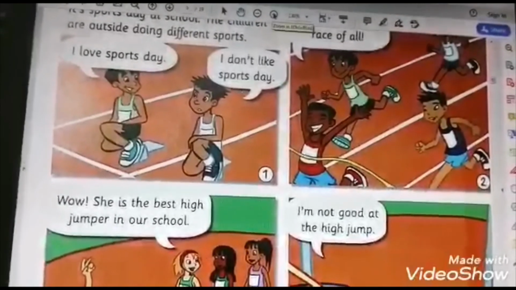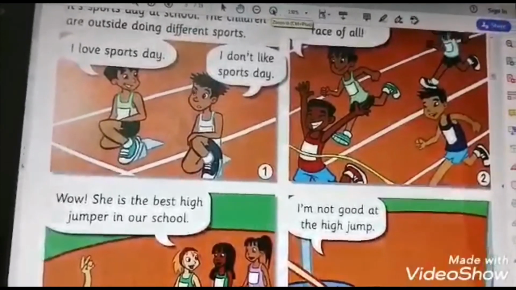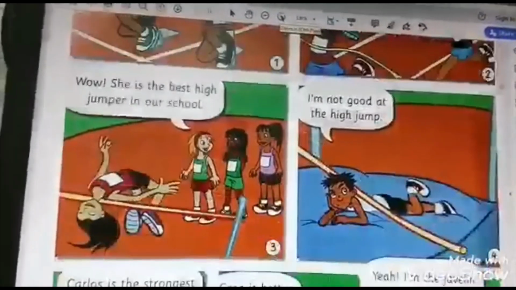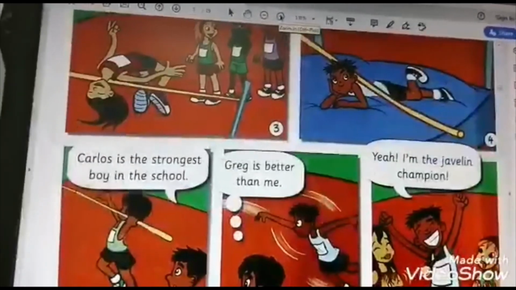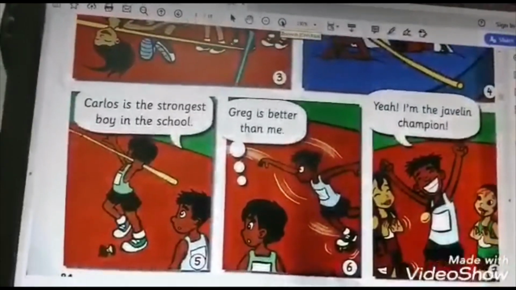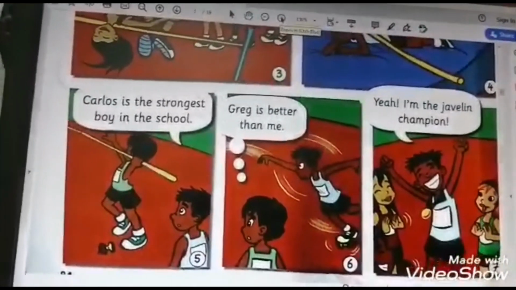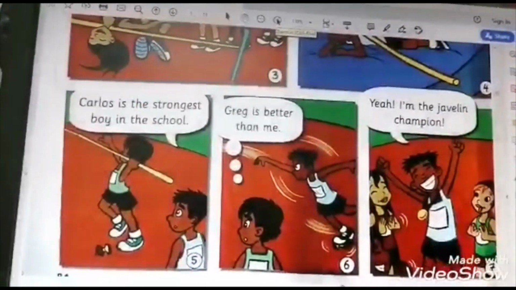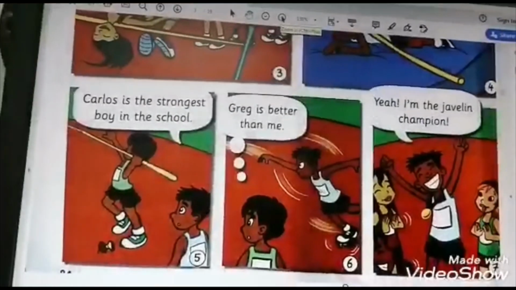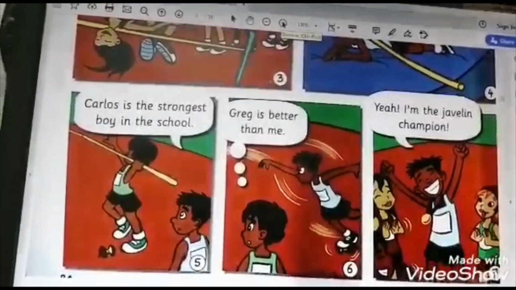Carlos is the strongest boy in the school. Greg is better than me. Yeah, I'm the javelin champion.